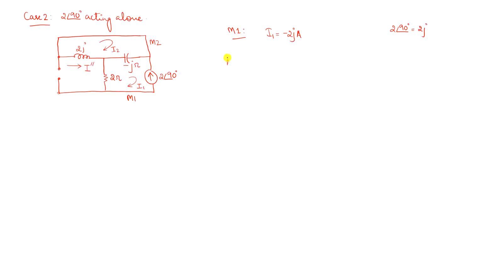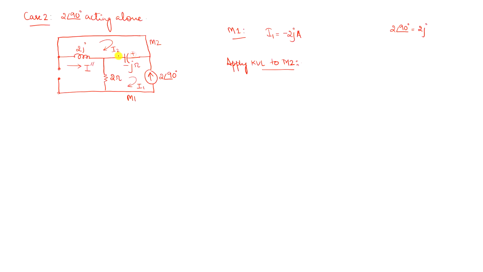Now apply KVL to mesh 2 and write the equation. For mesh 2, the direction of current is clockwise.